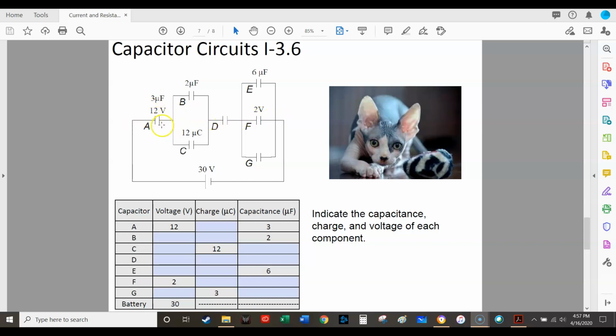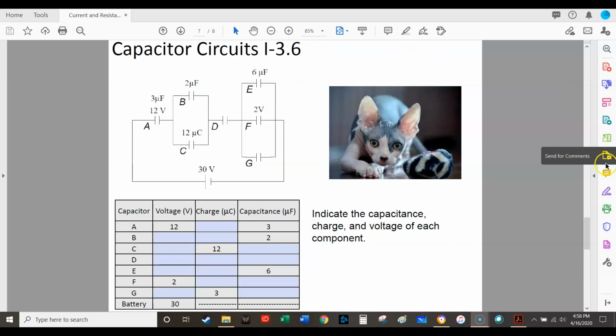This is A. B and C are in parallel only with each other. D is in series with this sub-branch as well as A, and E, F, and G are all in parallel with each other, and they're all in series with all of these other components. Go ahead and try this and let's see how you do. Pause the video now.